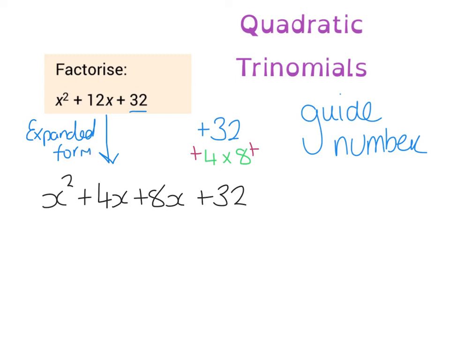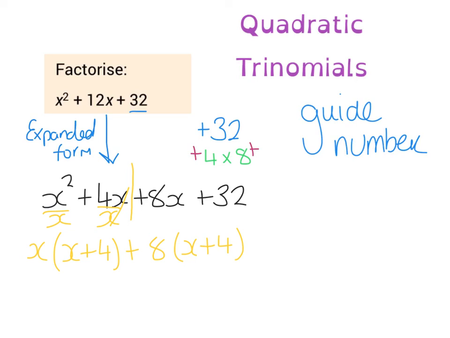And I now solve the same way I did when I was grouping. I split it down the middle and I find what's common. My common factor here is x, and when I divide by x and divide by x, I'm left with x plus 4. And again over here, I need to have x plus 4, so my factor is plus 8.